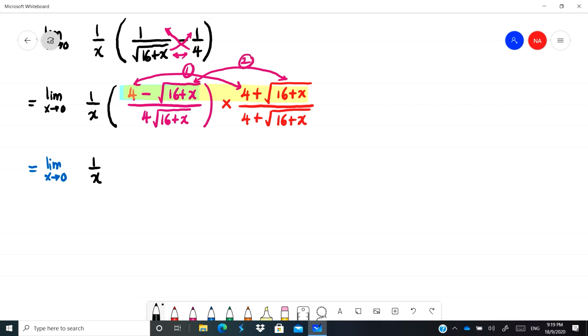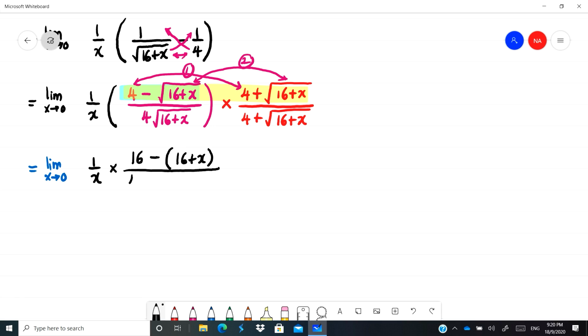So we will have something like this. 4 multiplied by 4 will be 16, minus the whole thing in the bracket. Please put in brackets: the square root of 16 plus x multiplied by the square root of 16 plus x will be the square root of 16 plus x squared. When a square root is squared it cancels out, so you just have 16 plus x. This is very challenging, but we're going to solve this.